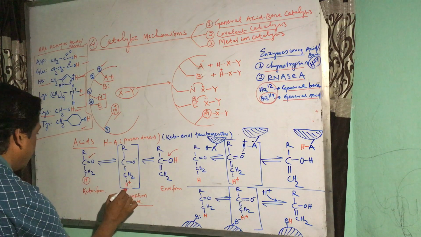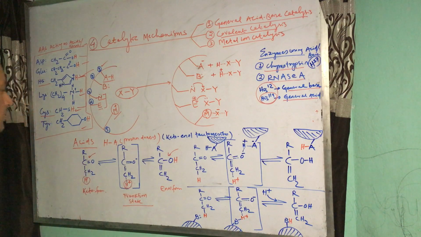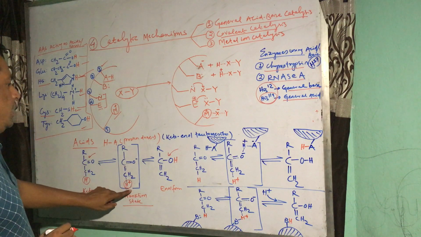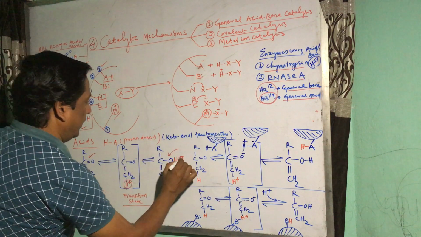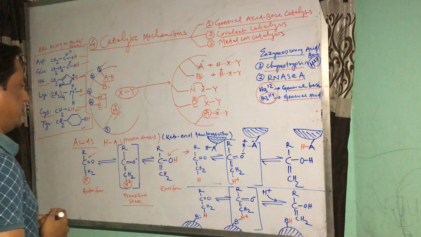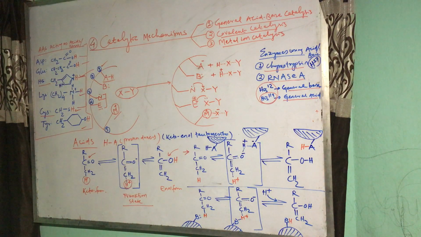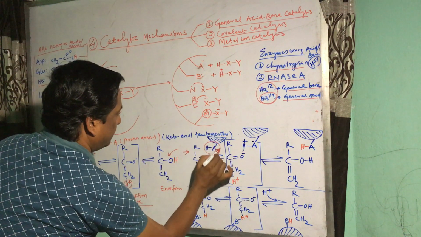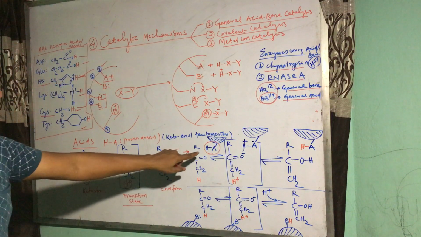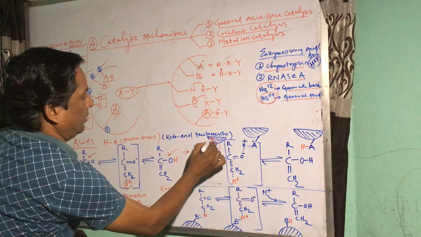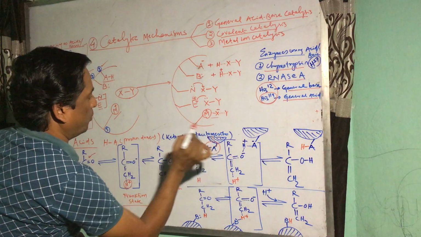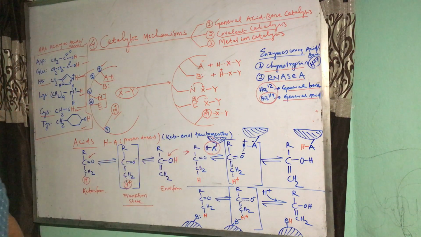Here the H+ needs to be stabilized. For example, in acid catalysis, a general acid, denoted as HA, is an acid group of an enzyme.